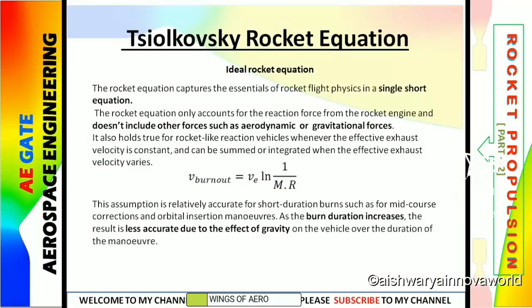From this assumption, you can say that this is used for a short burn duration, but if the duration of burning increases, the equation becomes less accurate because of gravity. This equation can also be applied for orbital maneuvers.